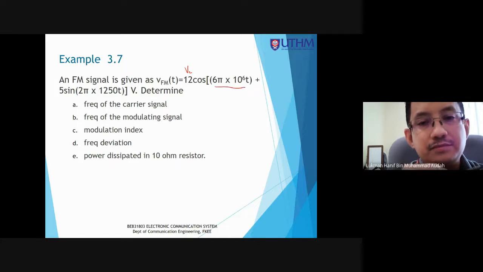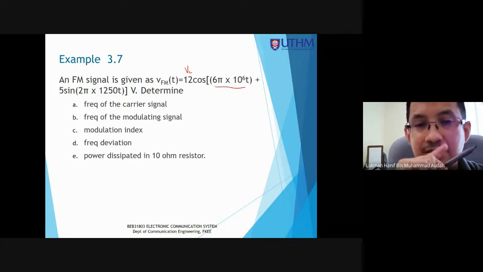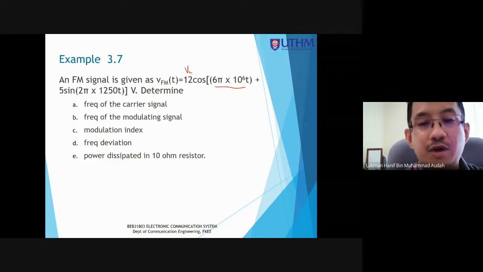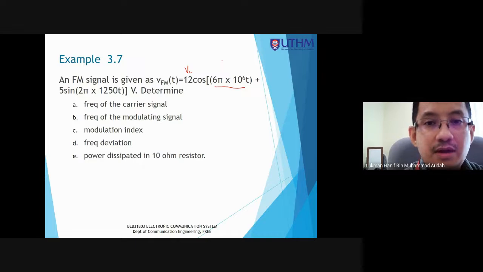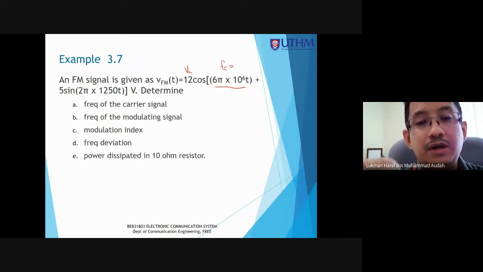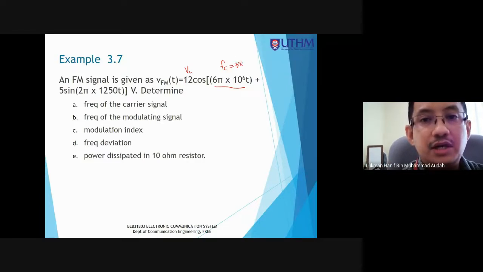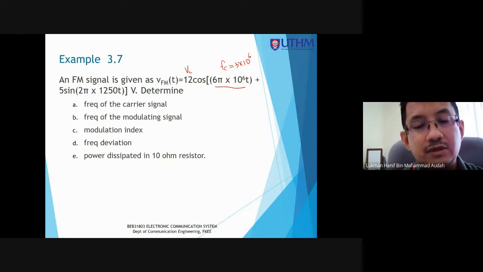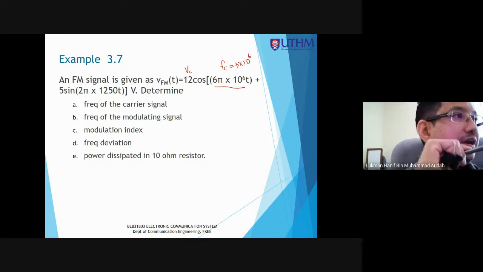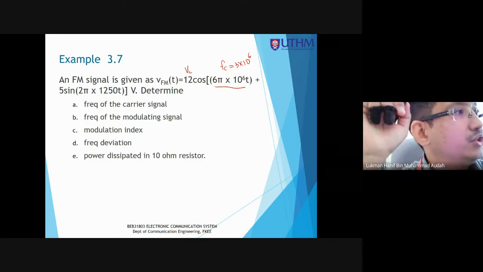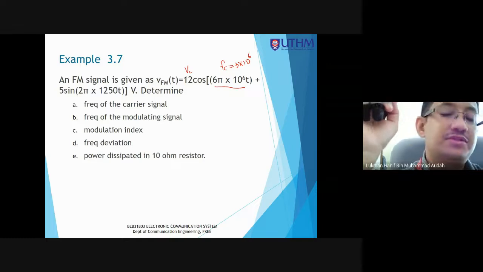Here is ωc, but remember that we need to divide by 2π. So Fc is equal to 3 times 10^6, which means the carrier frequency is 3 megahertz.